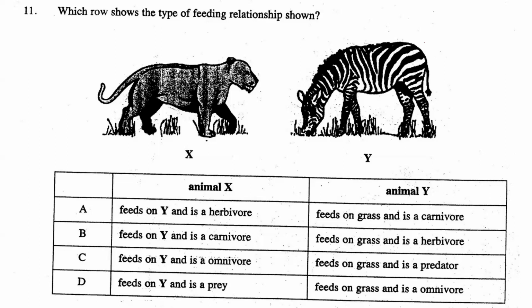C, animal X feeding on Y and is an omnivore; animal Y feeding on grass and is a predator. D, animal X feeding on Y and is prey; animal Y feeding on grass and is an omnivore. It's B.